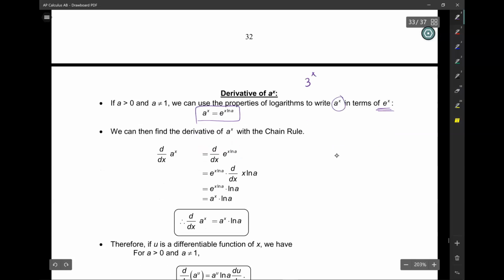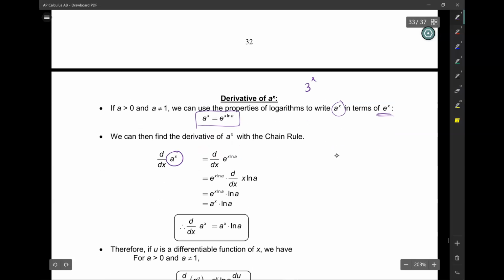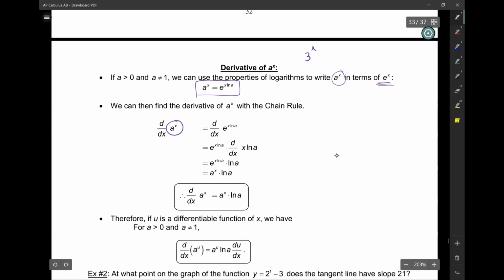So then we can find the derivative of a to the x using the chain rule. If a to the x is e to the x ln of a, then by the chain rule the derivative is the same thing, e to the x ln of a, times the derivative of x ln of a. What's ln of a?